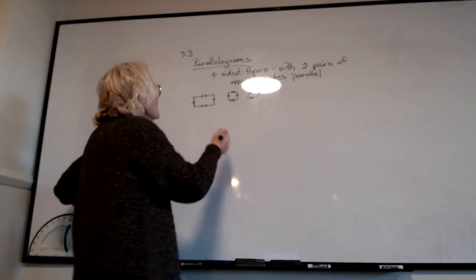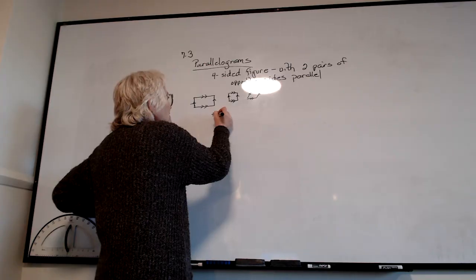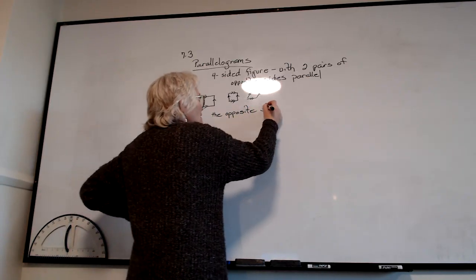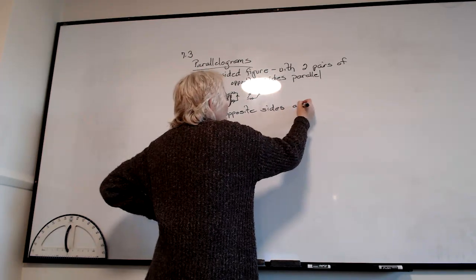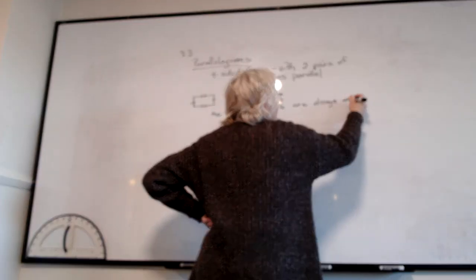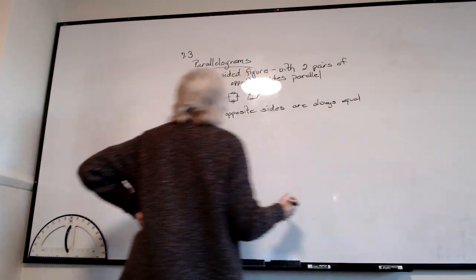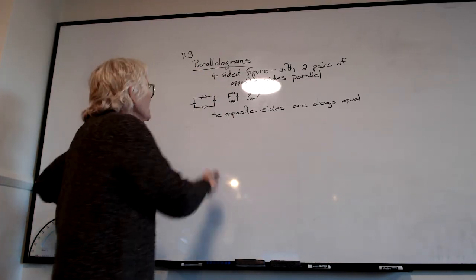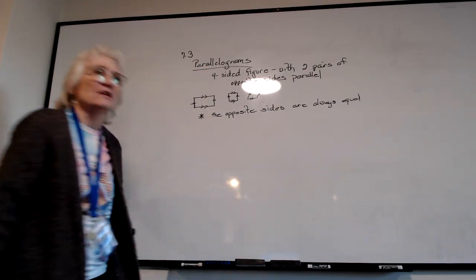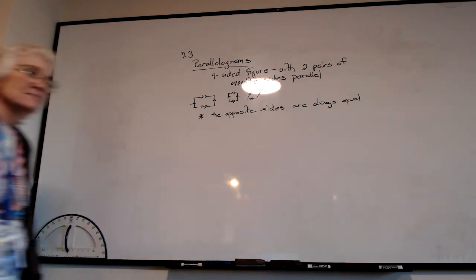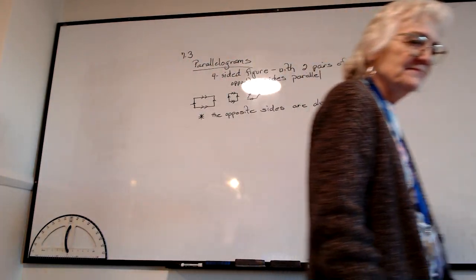So if you have a parallelogram, the opposite sides are always equal. Or it goes backwards: if you know that the opposite sides are always equal, then you know you have a parallelogram. This is a true statement about parallelograms, and that's something that you can use.